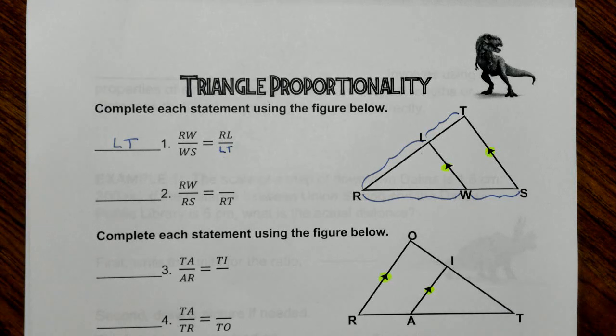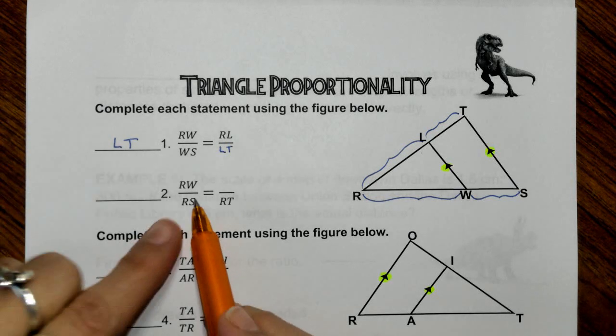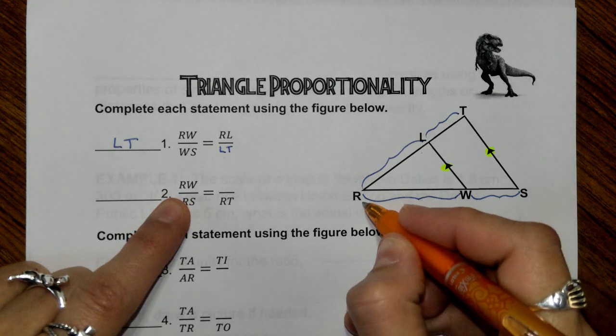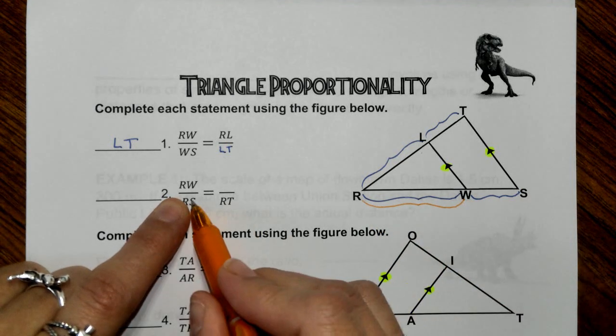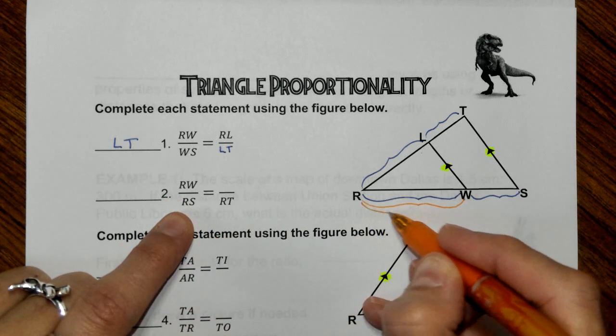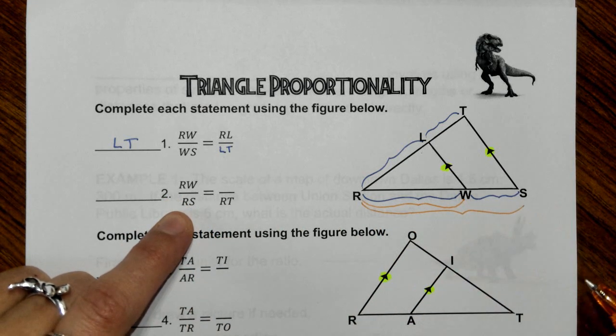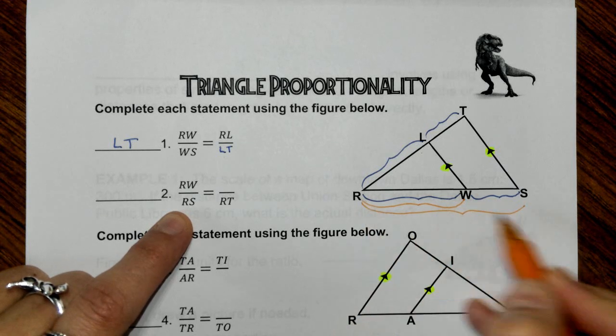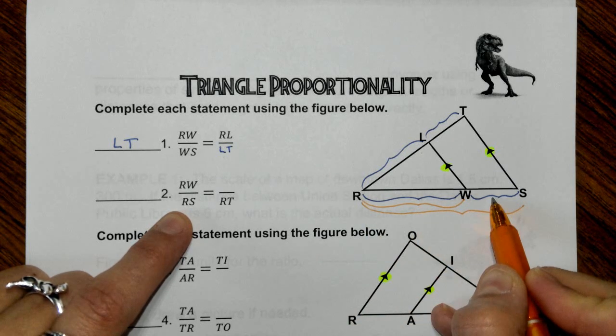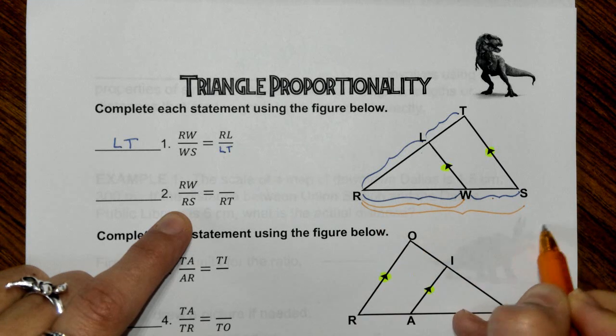So I'm going to grab my other color, and we're going to take a look at what this proportion says. RW, so same thing right here. But now they're looking at RS, the entire thing. See why we want two different colors? So part to the whole. The first was part to part. Now we're looking at part to whole.